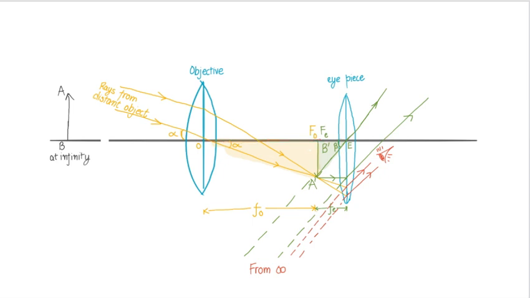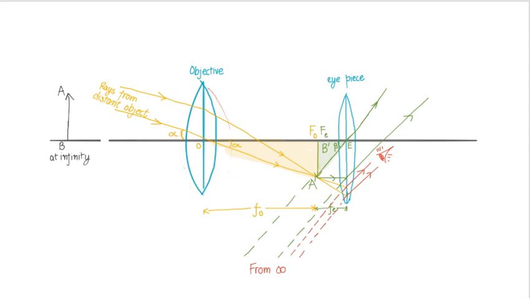Since A'B' represents the image formed by the objective, this is the image distance. This image is formed at the focal length of the objective, so this distance also represents the focal length of the objective. Therefore, OB' is the distance of A'B' from the objective.